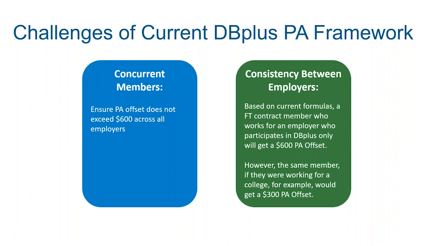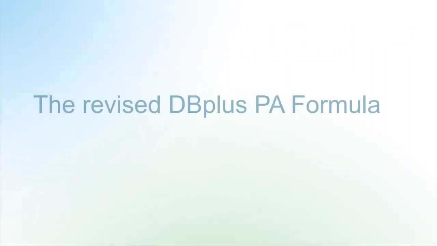One challenge that was encountered had to do with the application of the PA framework to concurrent members for purposes of the PA offset calculation, that is, members who participate at more than one CAT employer over a single year. Another challenge of the current framework has to do with consistency in the total PA between employers.